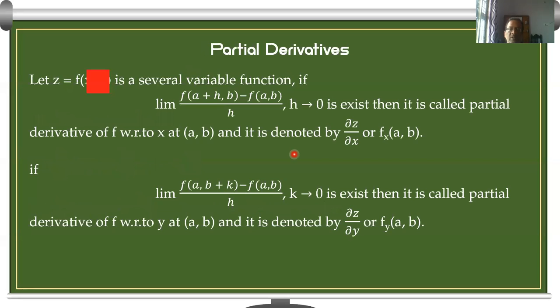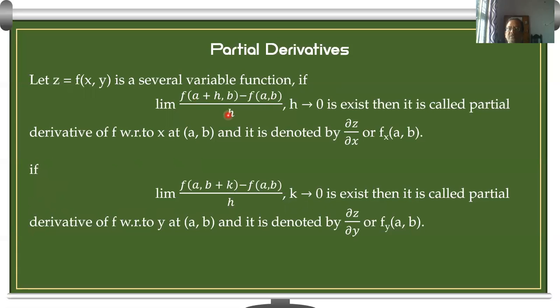Okay, now what is a partial derivative? Let y equal to f of x, y, a several variable function. Two variables are there. In the limit, we are changing only the x value. The increment is only in x: f of a plus h comma b minus f of a comma b by h.